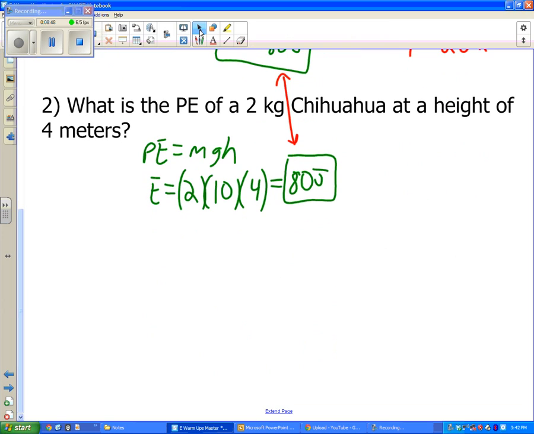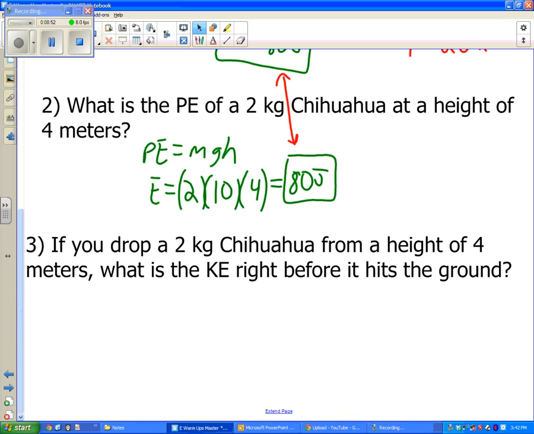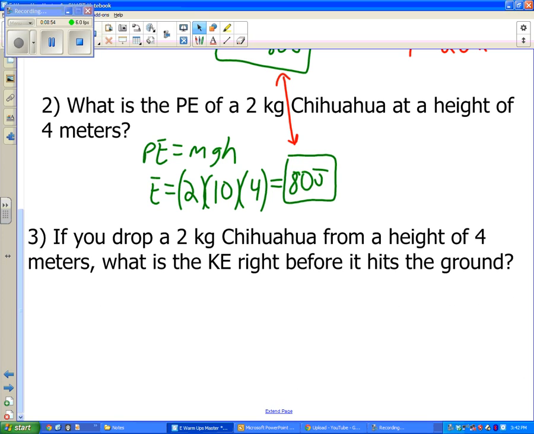All right? And if we have the same chihuahua, 2 kilogram chihuahua, and we drop it from a height of 4 meters, what's the kinetic energy right before it hits the ground? So if I'm finding the kinetic energy, we have this equation: energy equals 1/2 the mass times velocity squared.